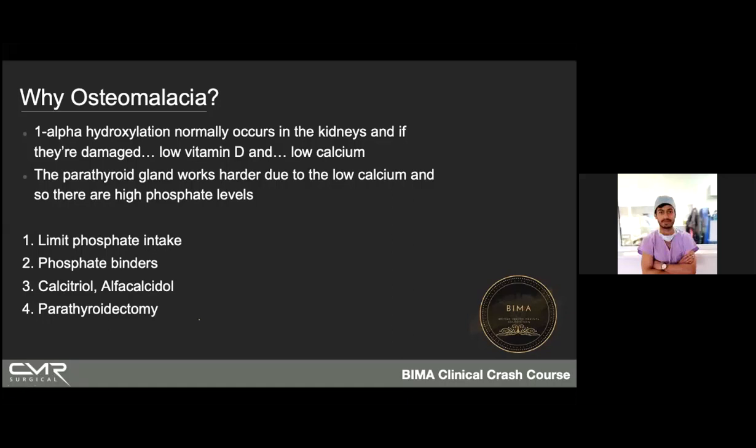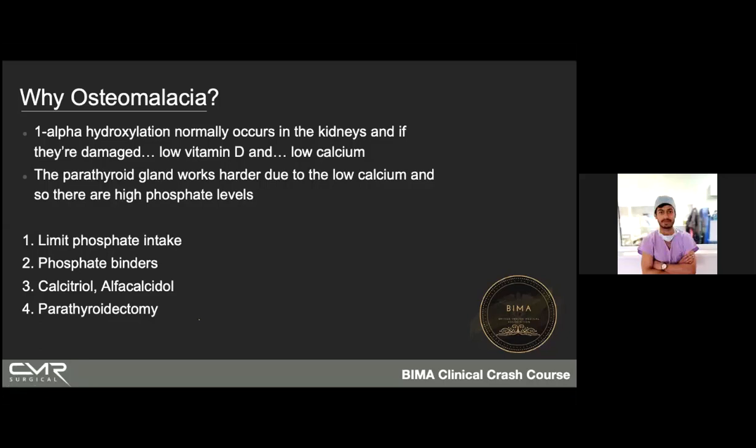And the only way the body knows how to increase our calcium levels when they're low is by having the parathyroid gland work overtime, basically. And as a result, you would have hyperparathyroidism. Can someone tell me whether this hyperparathyroidism would be primary or secondary? Exactly, yeah, secondary. It would have to be secondary because it's in response to the body rather than primary pathology.